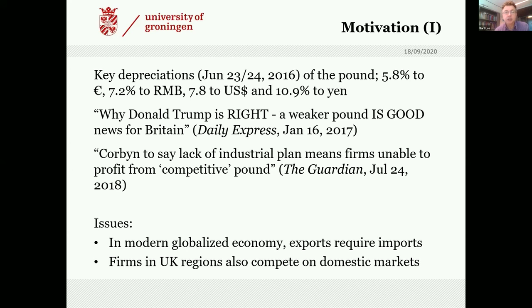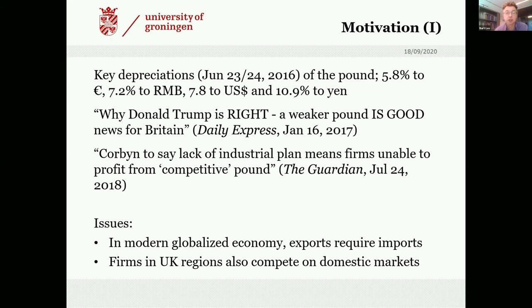Now, when we assess these consequences on competitiveness, there are a few issues that we should take into account, especially if we look at regions. So if we focus on regions, we have to bear in mind that firms in regions in the UK not only compete on foreign markets, but also on domestic markets.